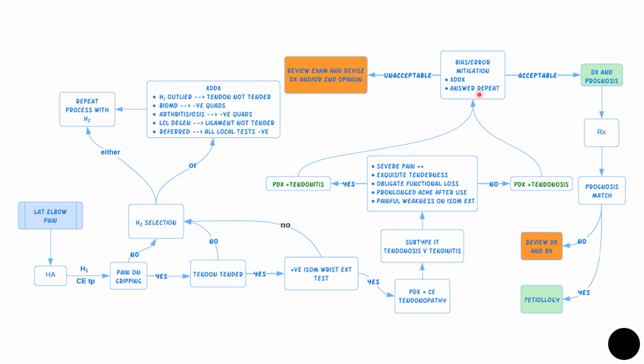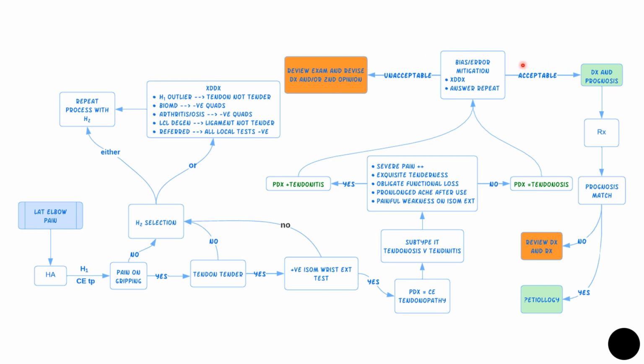Either way, you can now add in bias and error mitigation via exclusionary differential diagnosis and repeating the answers back to the patient to avoid confirmation bias. If they're unacceptable, you have to review the exam and look at a second opinion.